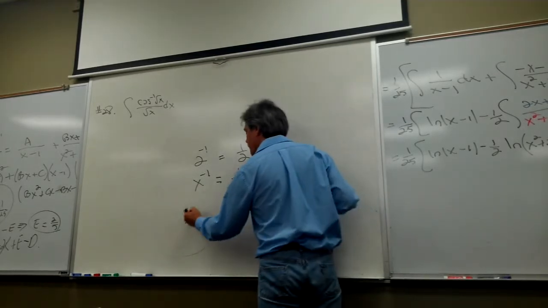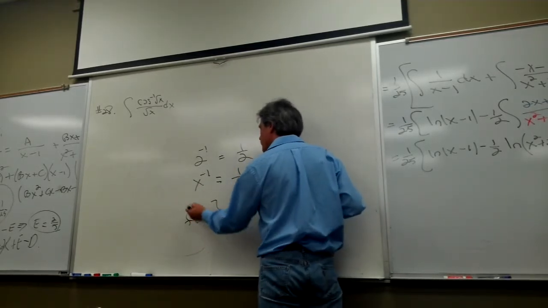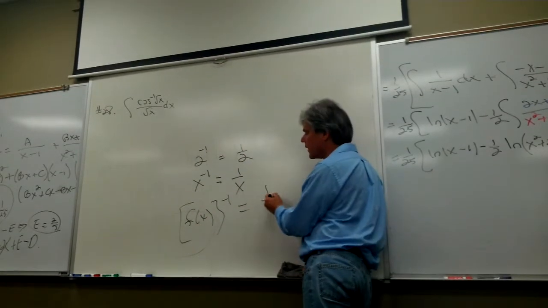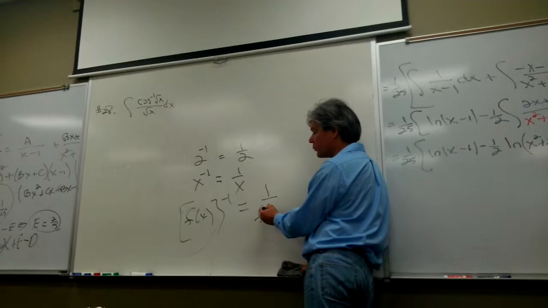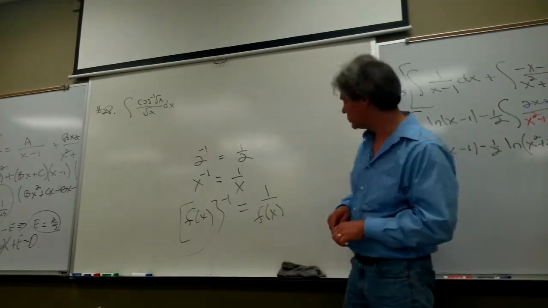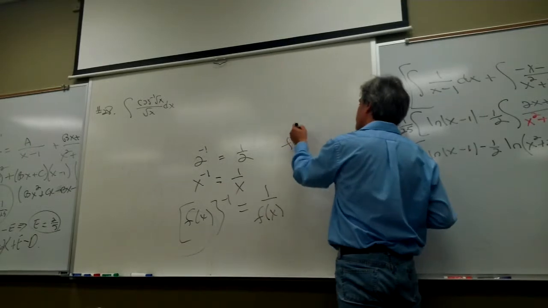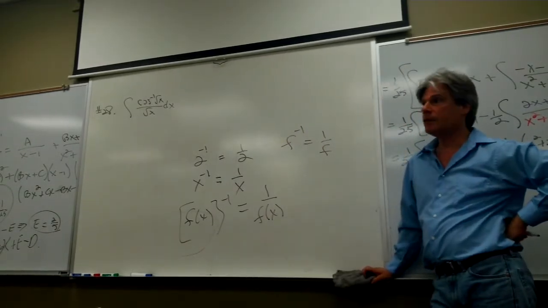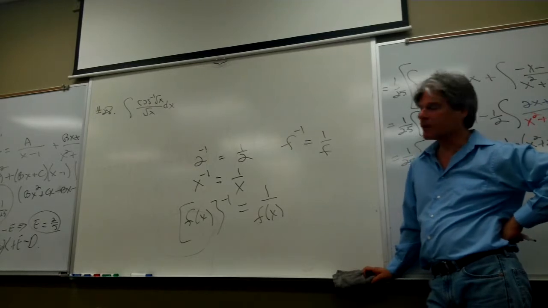If I had f of x raised to the -1 power, here too, I think you have no choice but to interpret that -1 as an exponent, because what's that a superscript to? Well, f of x. But f of x is the output of a function. And therefore, this is going to be interpreted this way. Absolutely not. I am 100% wrong. Here's why.